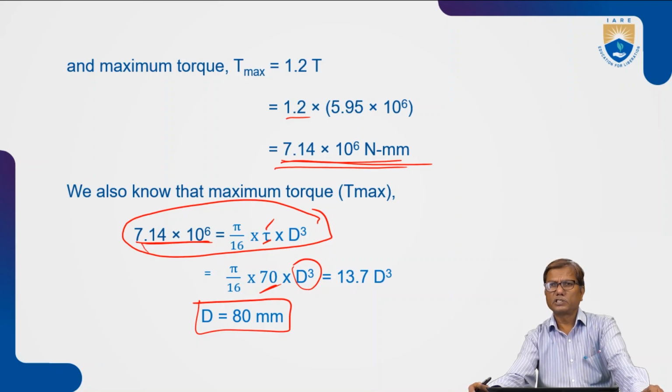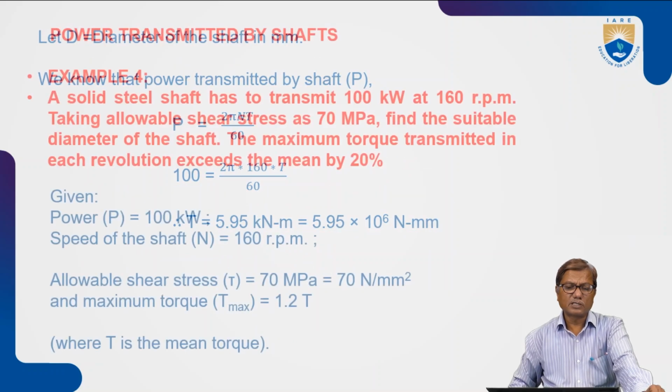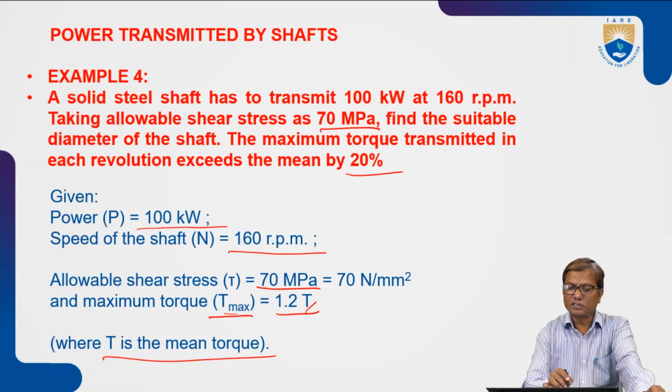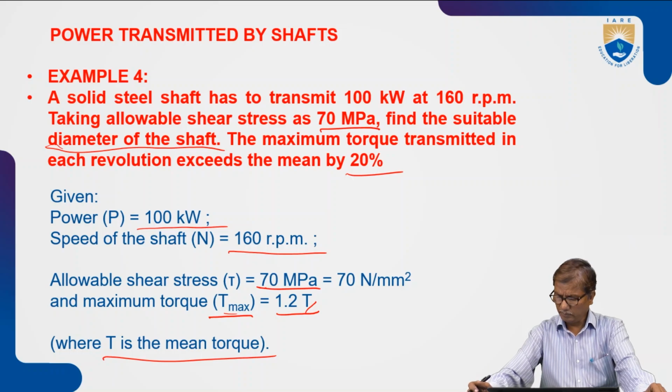The diameter of the shaft is 80 millimeters. It is asked to find the diameter, isn't it? Find suitable diameter for the shaft which can transmit 100 kilowatts at 160 rpm with the stress not exceeding 70 megapascals.